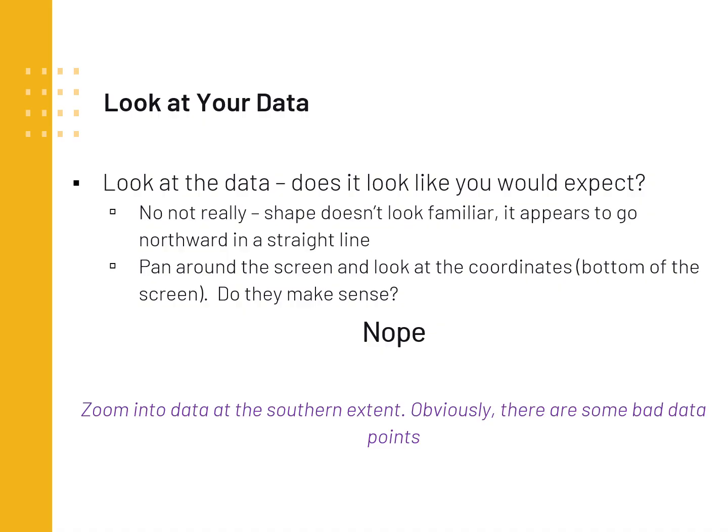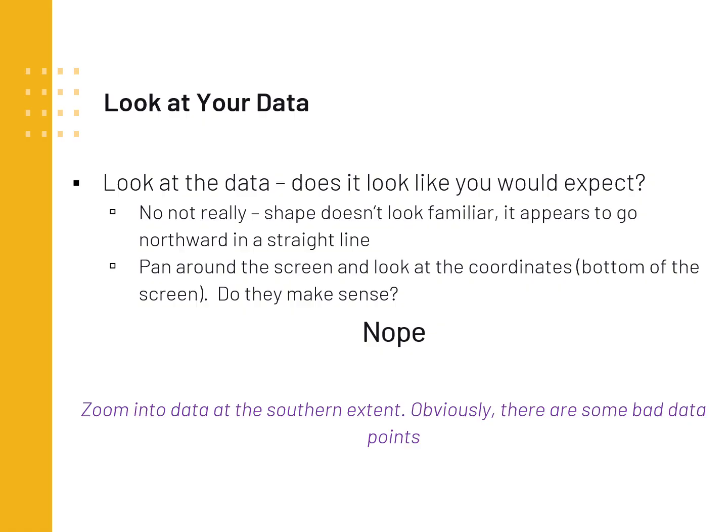The most southern direction you can go is minus 90 degrees. And east and west, it's from minus 180 to positive 180. So take a look and see if the ranges make some sense there. When you're done, I'd like you to zoom in on the southern extent of your data and take a look there.